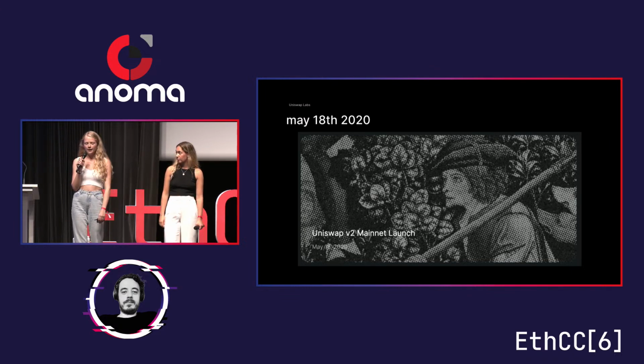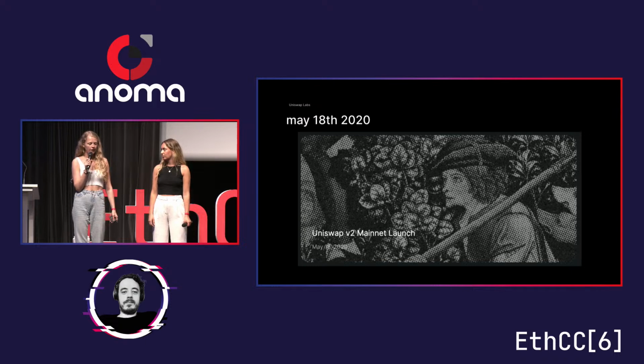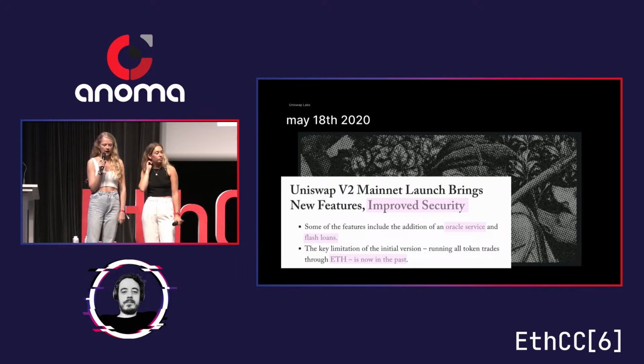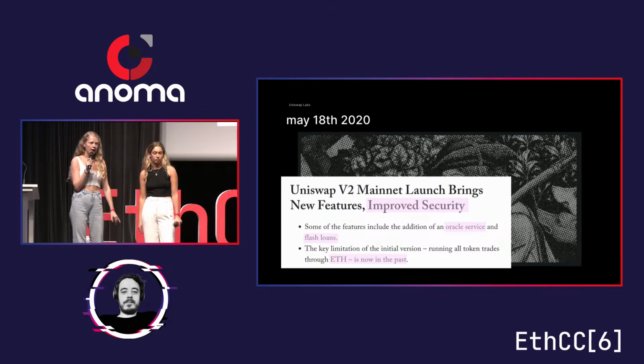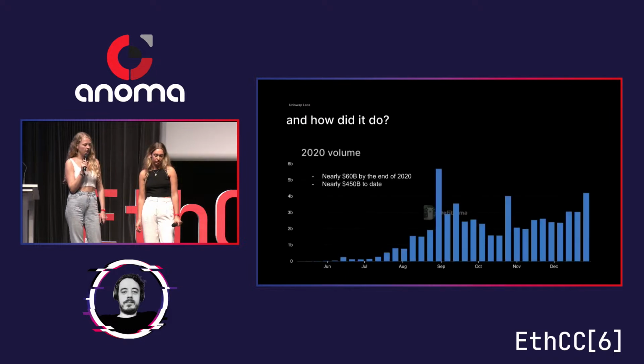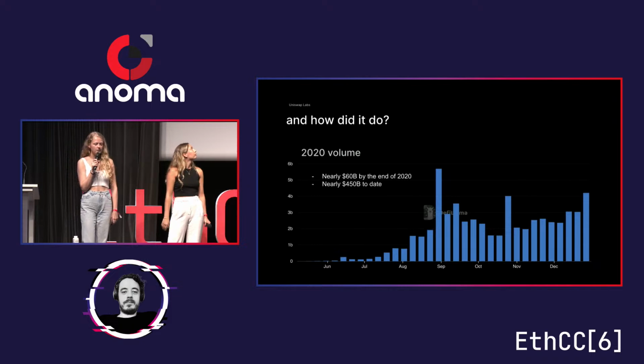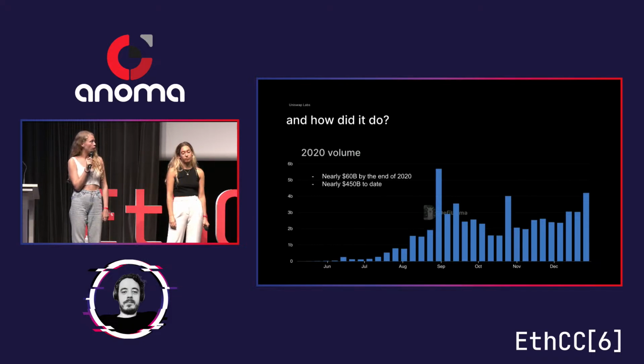It was known at the time for introducing on-chain oracles so that other DeFi protocols could plug in and get the price in a decentralized way, and also for various other improvements over the previous version of Uniswap. How did it do? Well, you probably know some of this already. It did very well. By the end of 2020, it had done nearly $60 billion of volume, and today, it has now done nearly $450 billion to date.